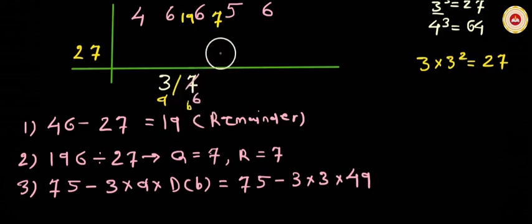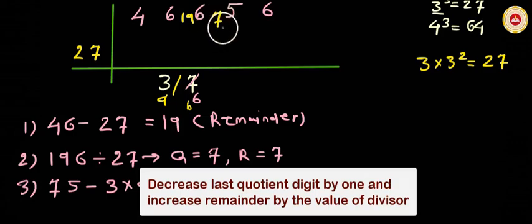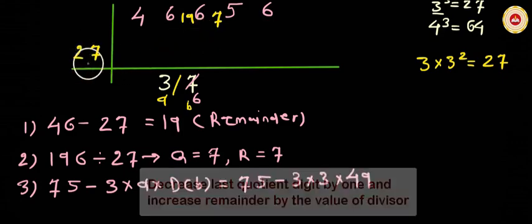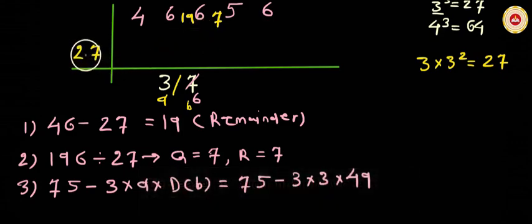And do you know friends that when we reduce the quotient by 1, then we have to increase the remainder by the value of the divisor. We have seen it. So let us increase this value 7 by the value of the divisor 27. Increasing by the value of the divisor means simply adding the divisor to this remainder.